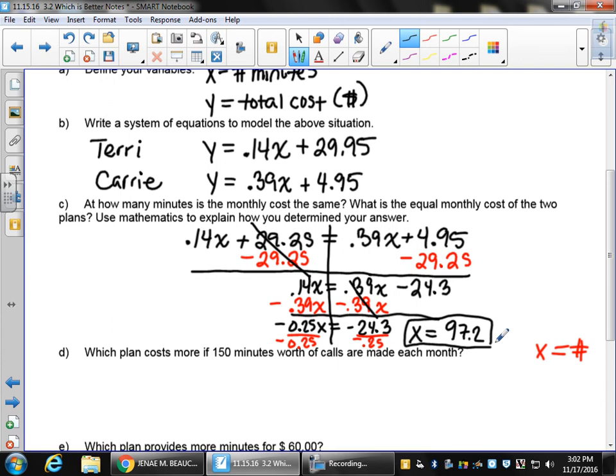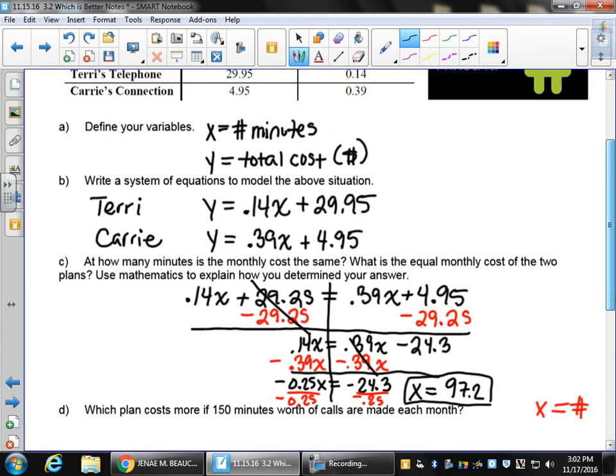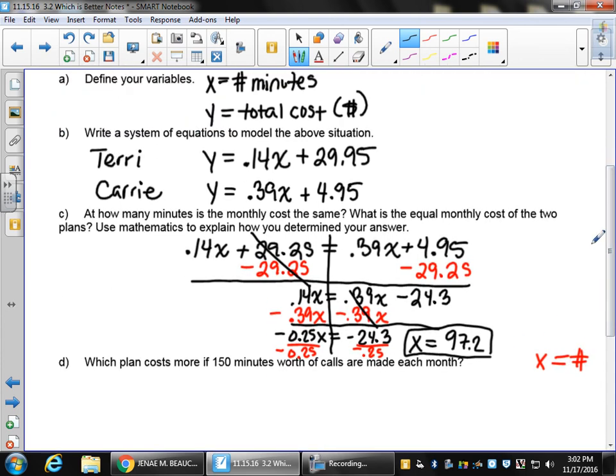So now let's actually see what our answer means. We defined x to be minutes. We were asked at how many minutes is the monthly cost the same? And I'm wondering if I made a mistake, because I just looked at what I had gotten before and it wasn't 97.2. So 29, 25, oops, I see what I did.